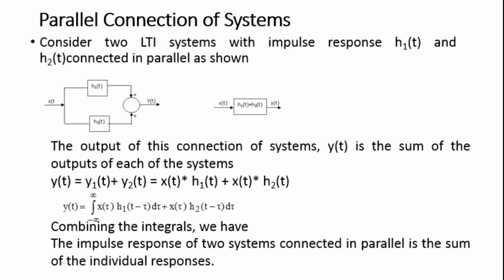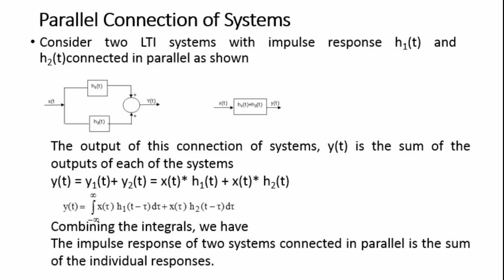Then y of t is equal to the integration from minus infinity to infinity of x of tau into h1 of t minus tau d tau plus x of tau into h2 of t minus tau d tau.